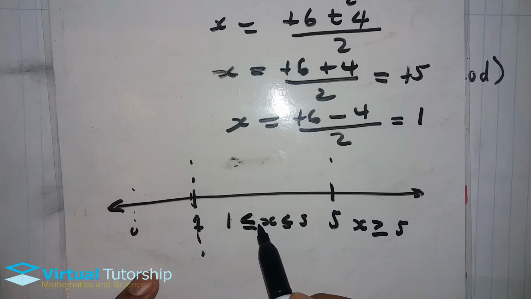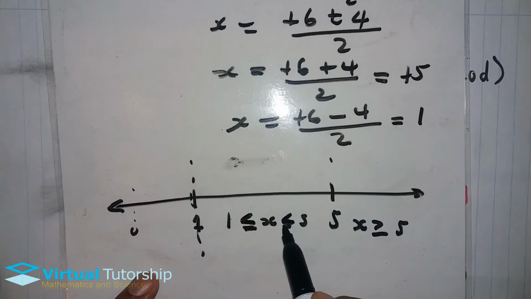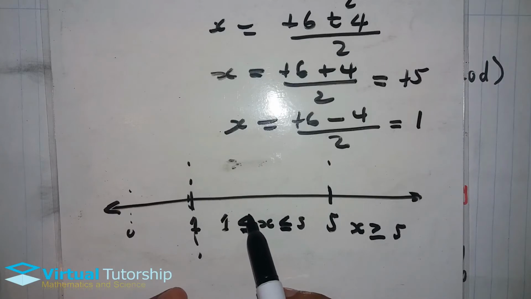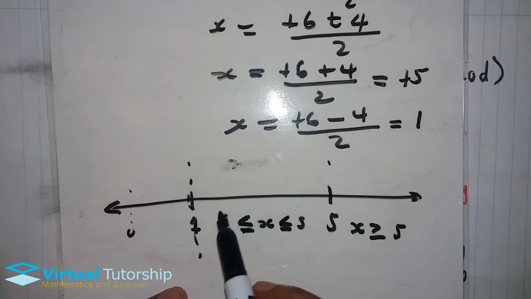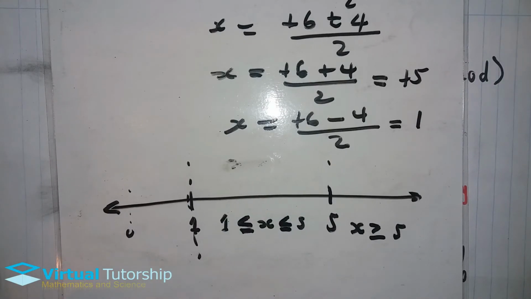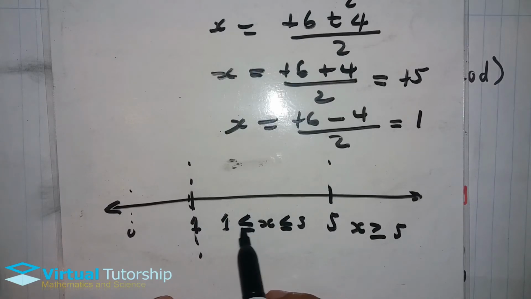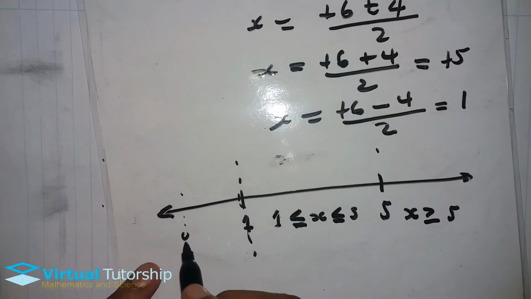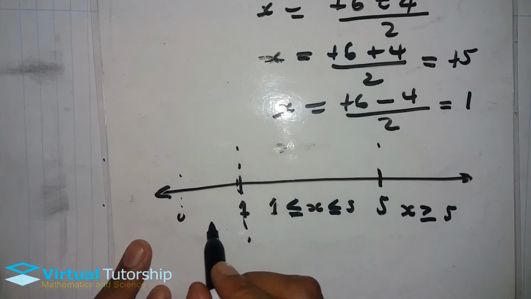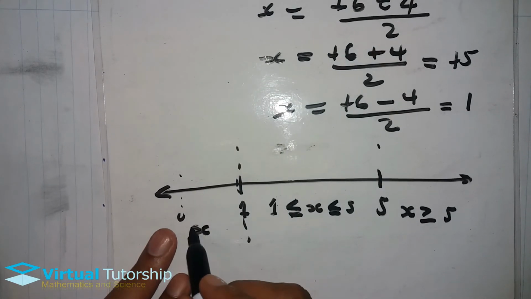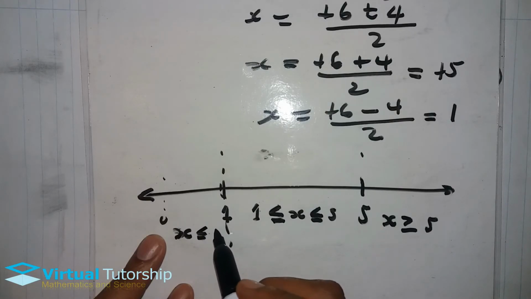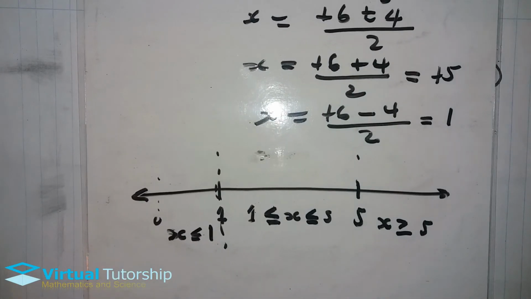Remember in linear equations, this is a compound linear equation. So the less than or equal to means it's an 'and' statement. But anyway, let's continue. Then we also test the solutions for x less than or equal to 1.